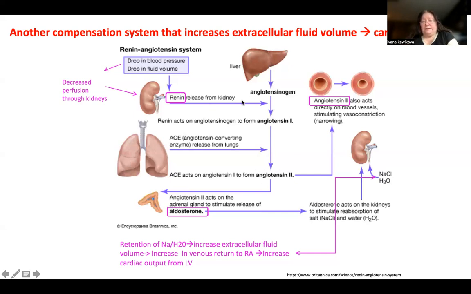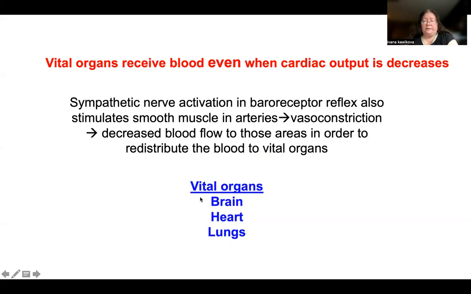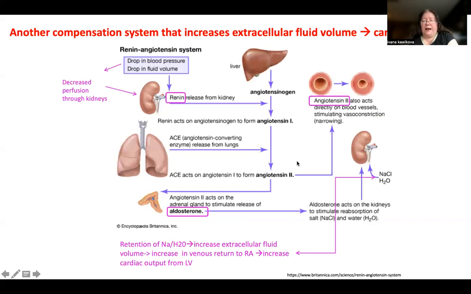Angiotensin II has two main properties. It is a potent vasoconstrictor, so it supports the sympathetic system in directing blood flow mainly to the vital organs. And it also acts on the adrenal cortex and releases the hormone aldosterone.